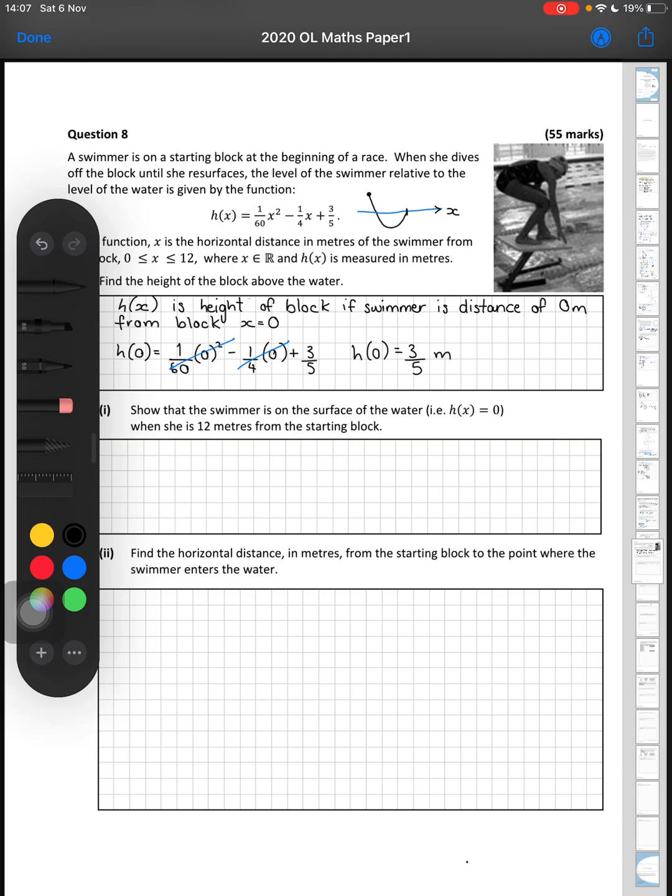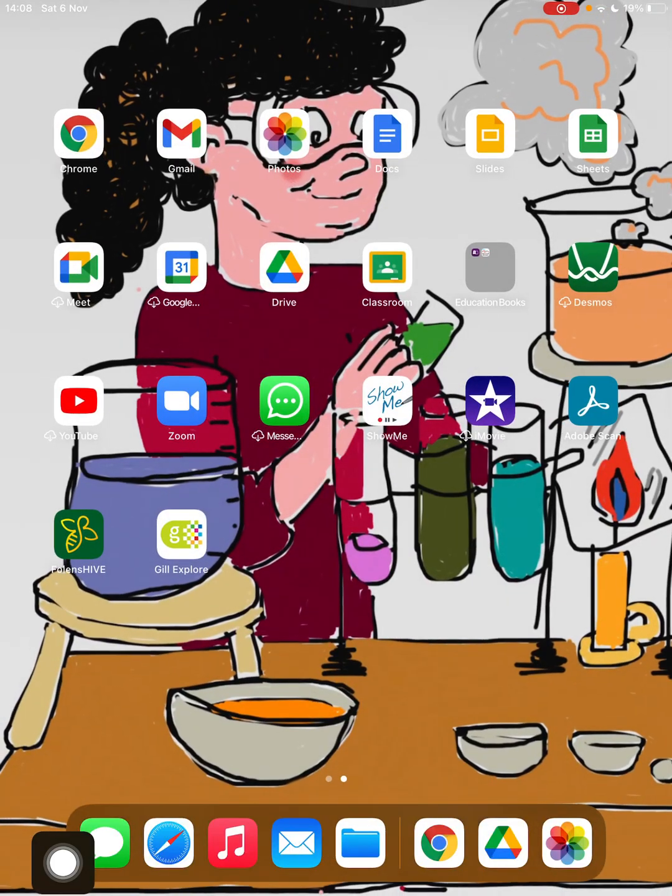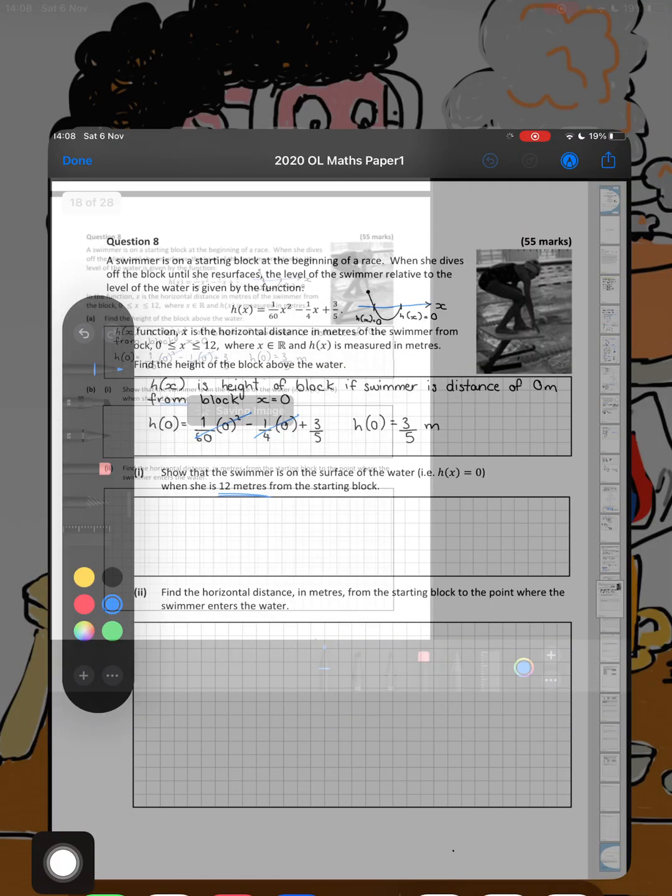It stops when she reaches the surface of the water. Here this is like the x-axis, so her h of x value is equal to 0 at both of the points where she is at the surface of the water. So h of x is 0 here and h of x is 0 here.